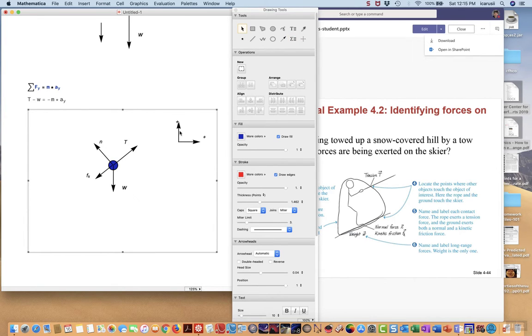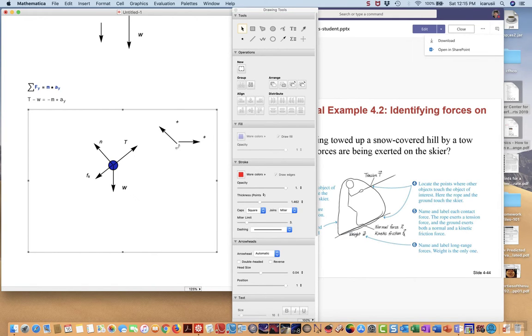First, let's do the coordinate system. I'm going to angle the vertical so that it is comparable to, it's parallel to the normal force.